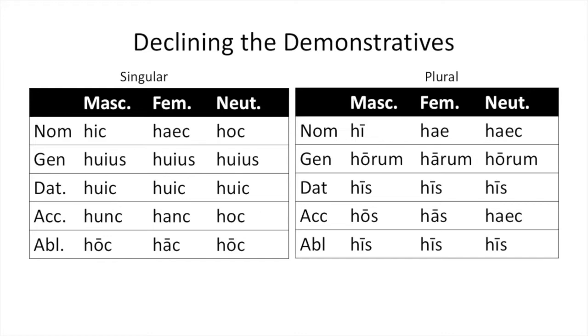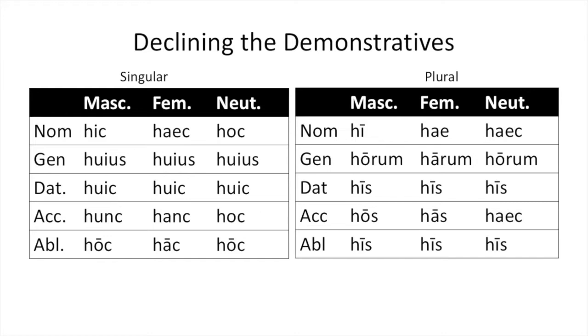You'll notice for hic haec hoc that in the singular, most of the forms have a C. This comes from an old form, CE, that is sometimes attached to the end of words to add pointing force. That is, if we wanted to point out a man, we'd say virce.